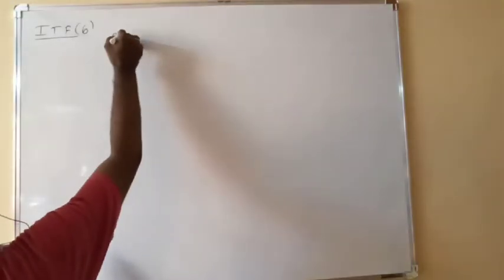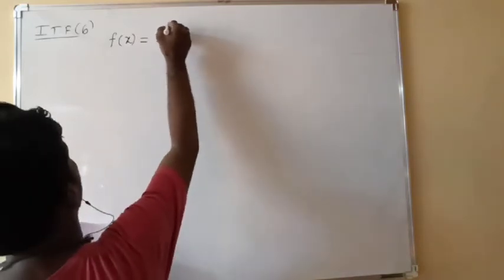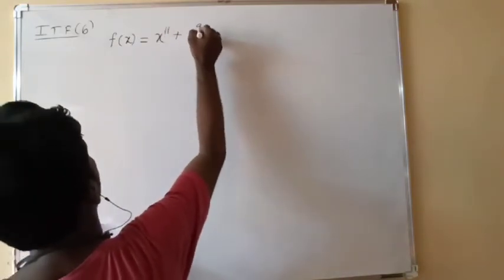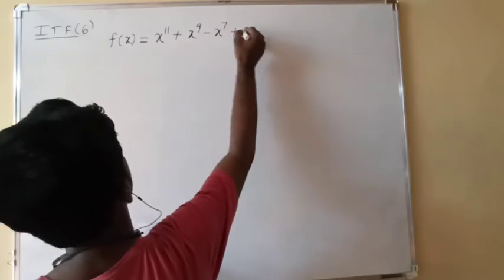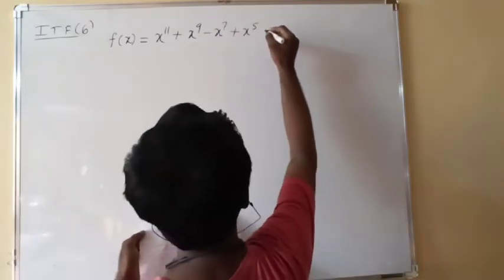So now, I told you one problem looked very difficult, but it was very simple. F of x is given as x power 11 plus x power 9 minus x power 7 plus x power 5 plus 1.